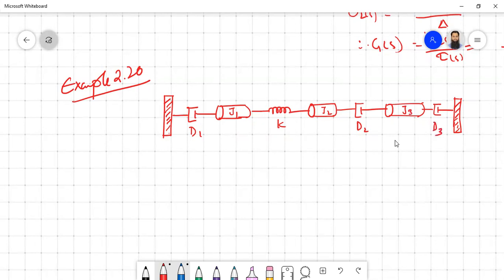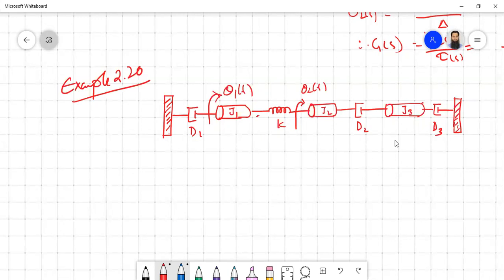Now, how many rotations are possible here? We already said that in the case of the inertia, it doesn't make any difference. So you give theta 1 maybe here, theta 1(t), and because here also it is theta 1, it doesn't make any difference. But on the other side of the spring, there may be a different angular displacement, that is theta 2(t).